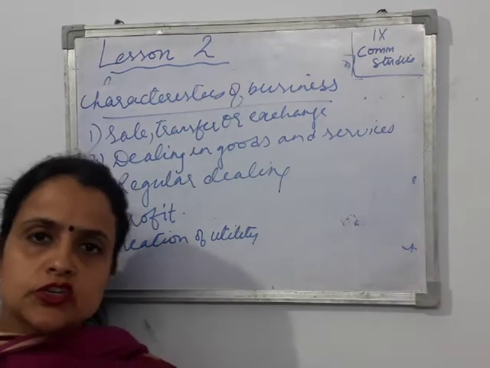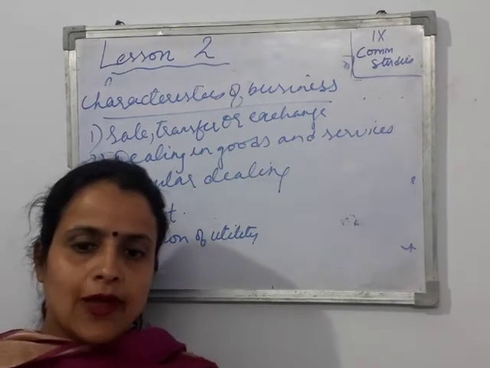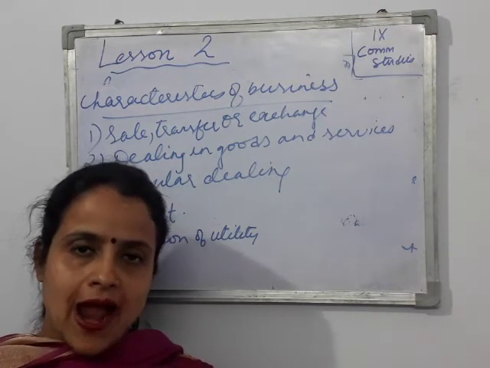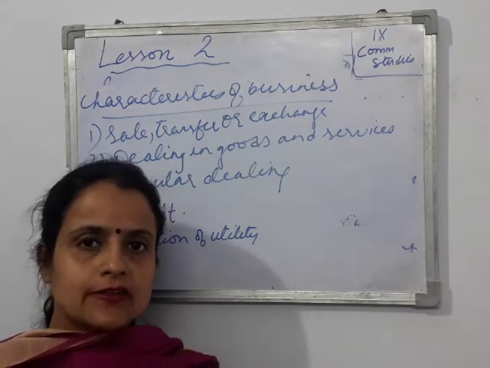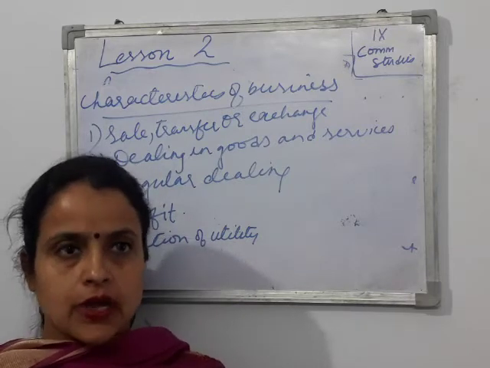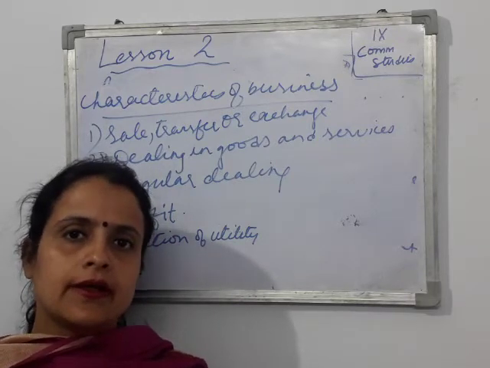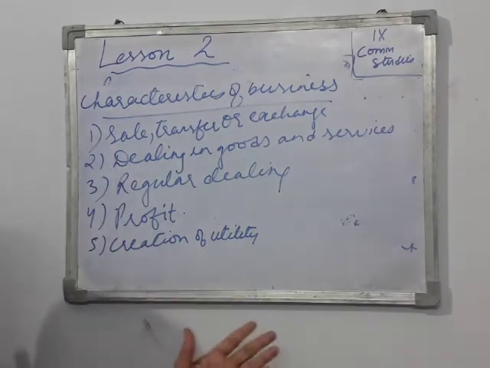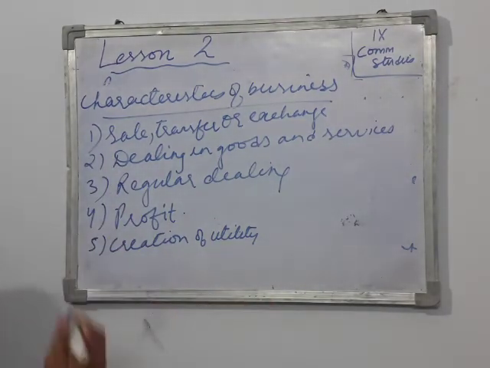What does this mean? Creation of utility means to add some value to the product. The main essence of the business is that they add some value to the product so that it gives utility to you. Utility means satisfaction. किसी चीज में कोई वैल्यू ऐड करने के बाद अगर वो आपको बेची जाती है तो वो आपको क्या देती है? सेटिस्फैक्शन देती है. तो बिजनेस एक ऐसी एक्टिविटी होती है जो क्रिएशन ऑफ यूटिलिटी करती है.